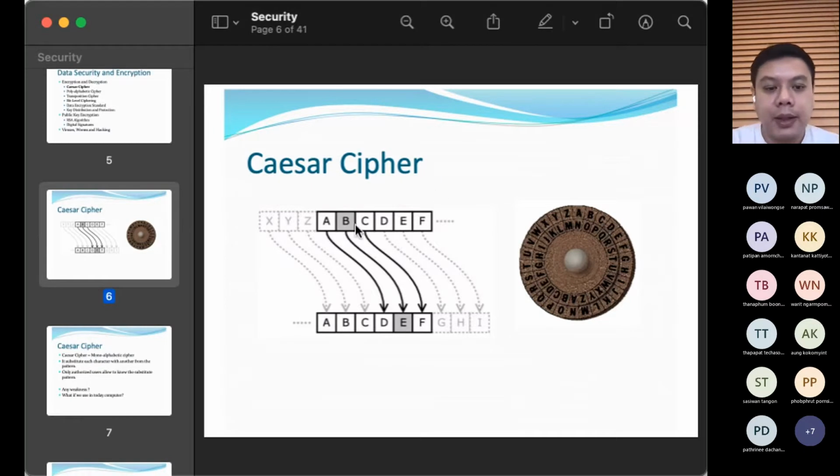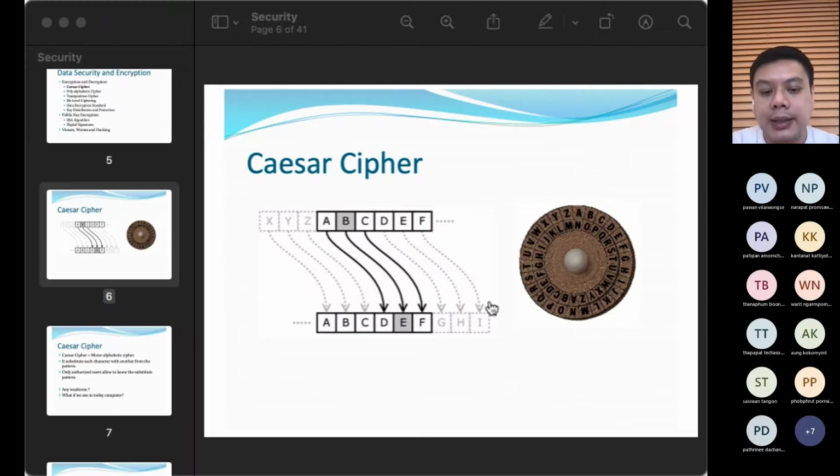For example, you rotate until A and D match exactly, so B and E are mapped, and C and F are mapped. This is how the Caesar cipher is used.